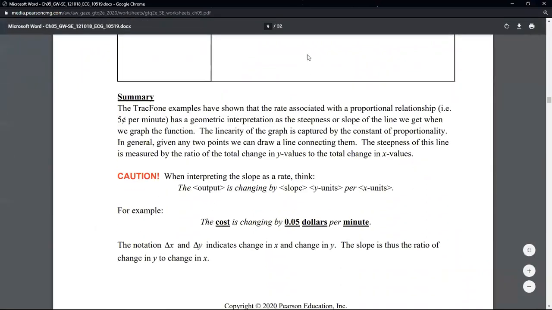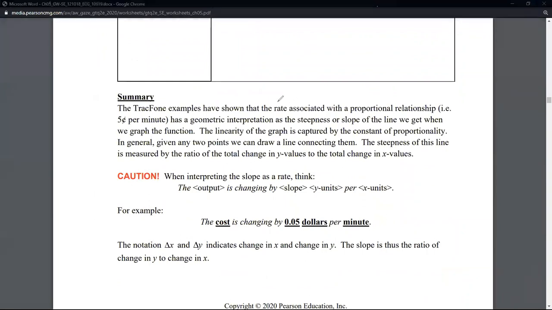Can I highlight on this screen? It's not really a highlight that's covering it. Pretend I highlighted this. Just pretend I highlighted that.